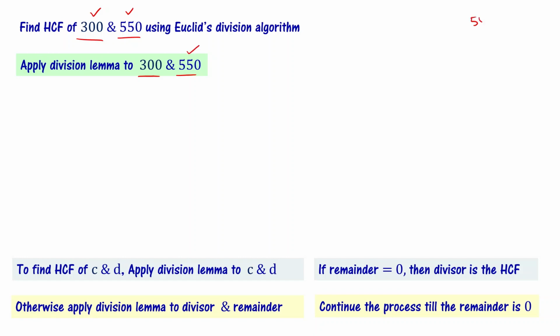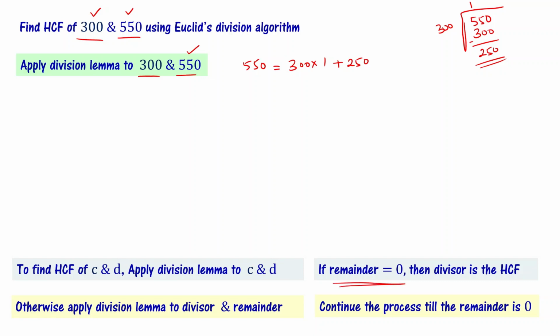So we have to divide 550 with 300, right? 1 times. So when you subtract 300 from 550, what you have, 250 as the remainder, right? So division lemma em ani cheptundi, 550 is equal to 300 times quotient, that is 1, plus remainder 250.